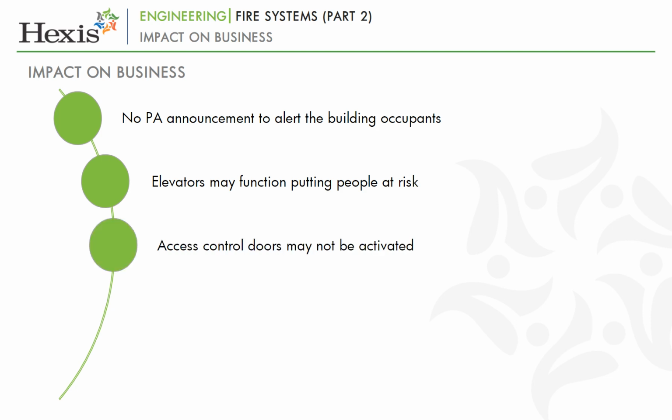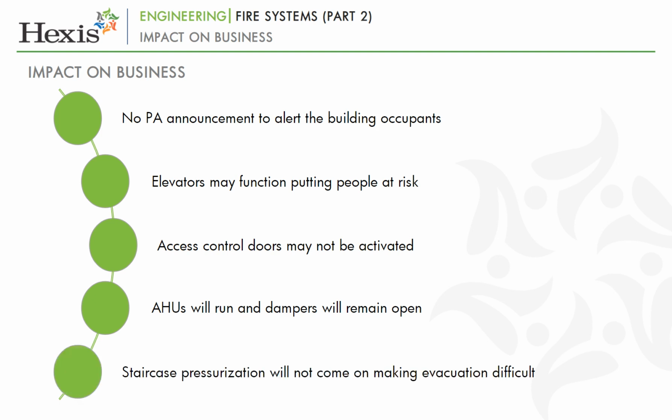The access control doors will not get activated, making the movement of evacuating personnel slow and difficult. The AHUs will continue to run and dampers remain open, thus allowing the fire and smoke to spread into other areas of the facility. The staircase pressurization will not come on, with the result of filling of the staircase with toxic smoke and making evacuation difficult.